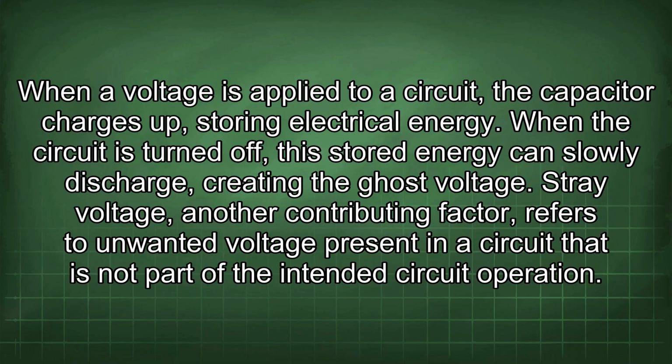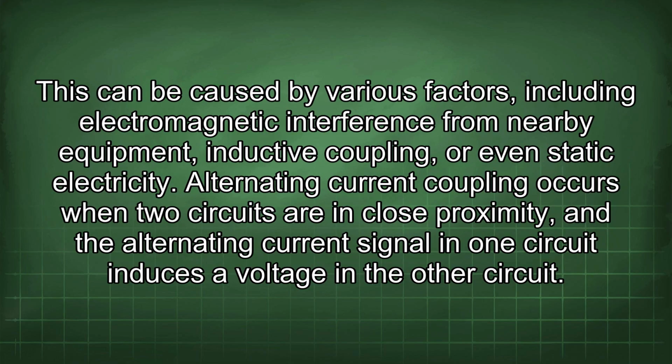Stray voltage, another contributing factor, refers to unwanted voltage present in a circuit that is not part of the intended circuit operation. This can be caused by various factors, including electromagnetic interference from nearby equipment, inductive coupling, or even static electricity.